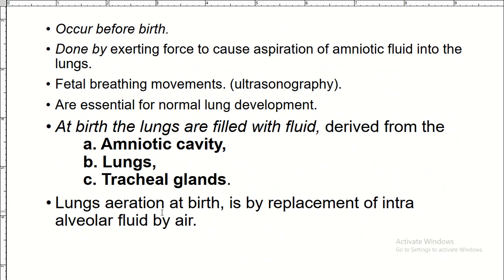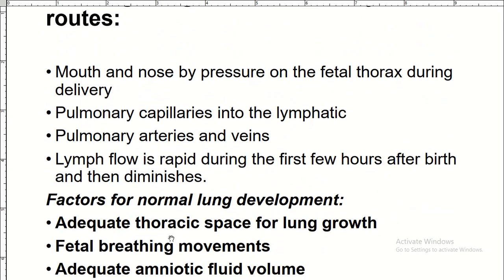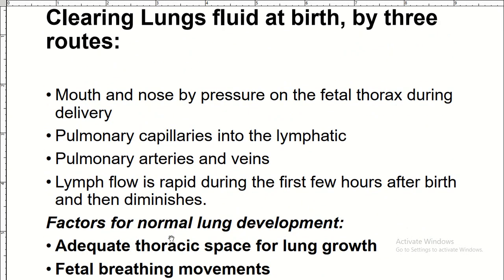So lung aeration at birth is by replacement of intra-alveolar fluid by air. So you're going to have the removal of this fluid. What are the three routes of the removal of the fluid? One, mouth and nose, by pressure of the fetal thorax during delivery. So some of the fluid is going to be vomited out.